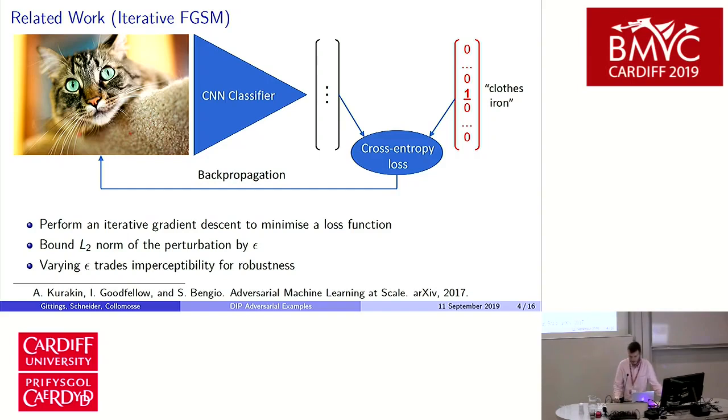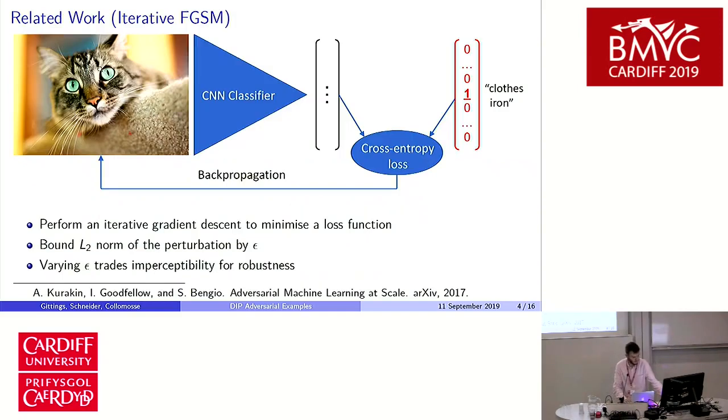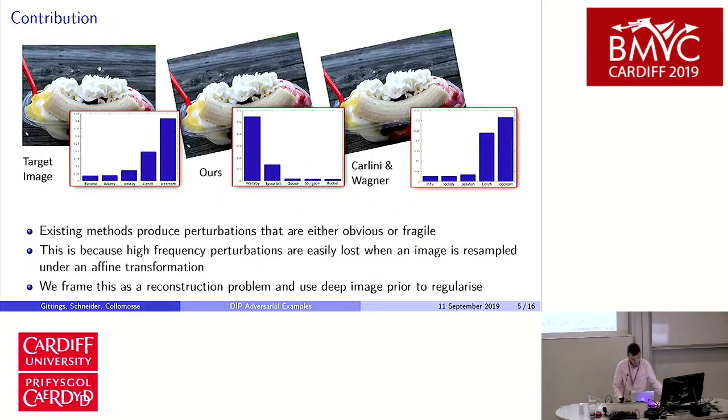Now we can make epsilon large, which will give us this image on the left, or we can make it small, which, as I said, trades off robustness for imperceptibility.